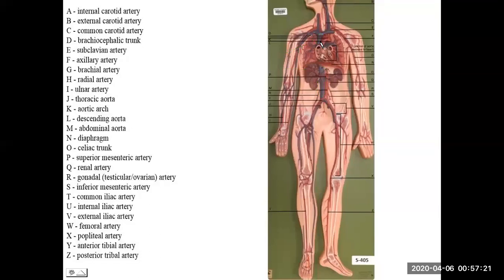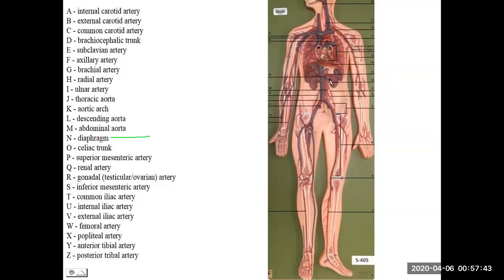So next on our list, we have thoracic aorta, abdominal aorta. So unfortunately, we're not able to see thoracic aorta because it's posterior to the heart. So we don't have the best view for this location. And you notice the diaphragm here, this letter N for reference.